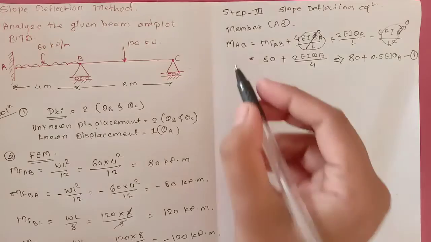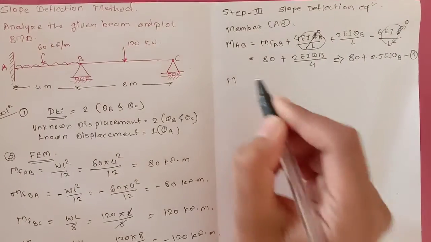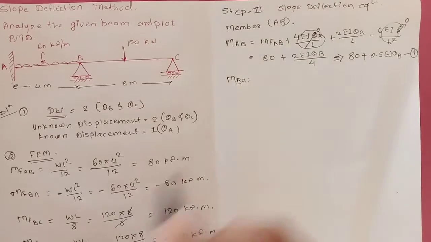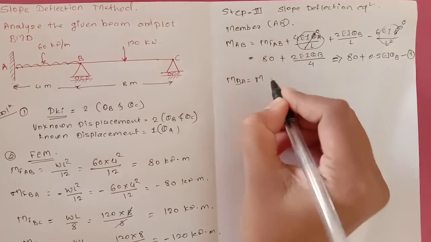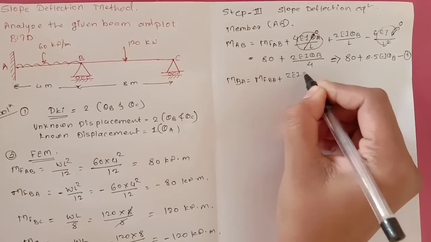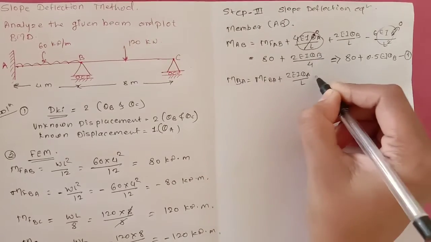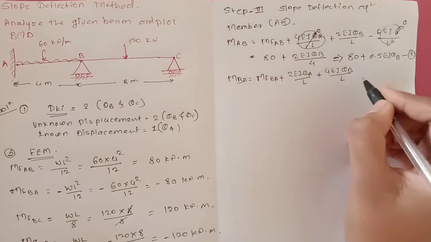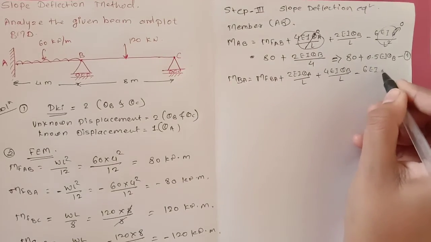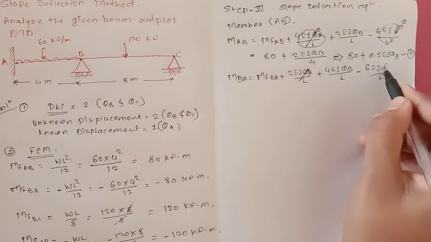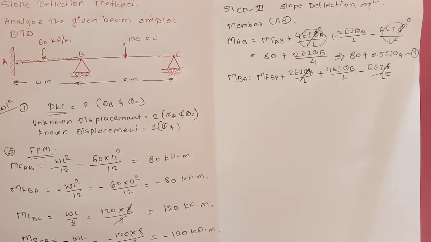Then next, the slope deflection equation for member BA. The equation is fixed end moment for member BA plus 2EI theta A divided by L plus 4EI theta B divided by L minus 6EI delta divided by L square. Here the theta A term is equal to 0 and the delta term is equal to 0.